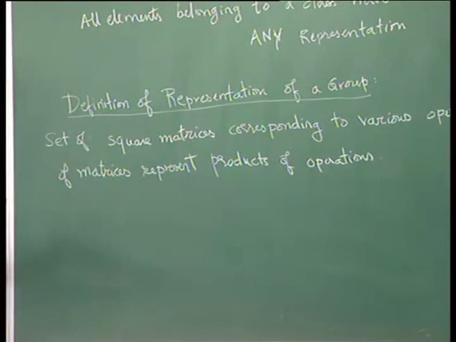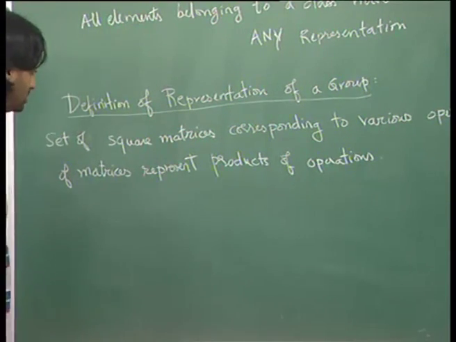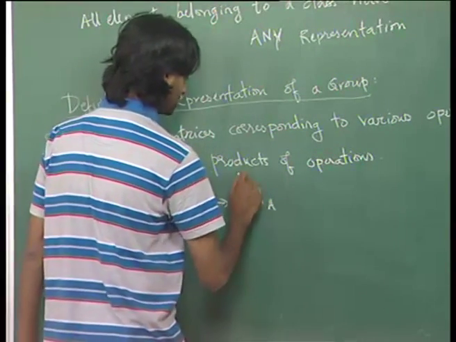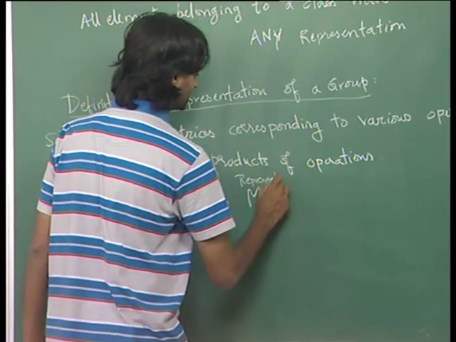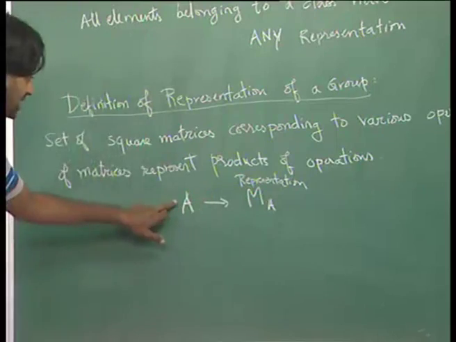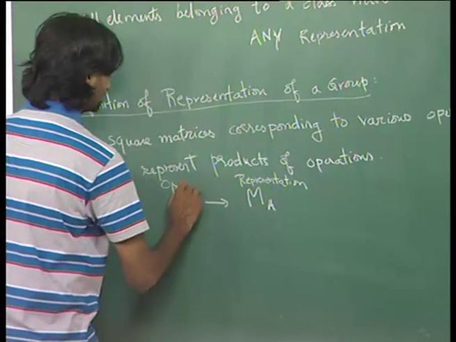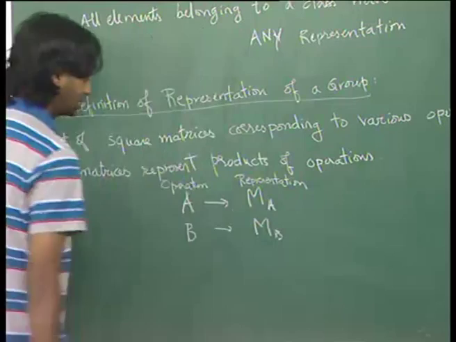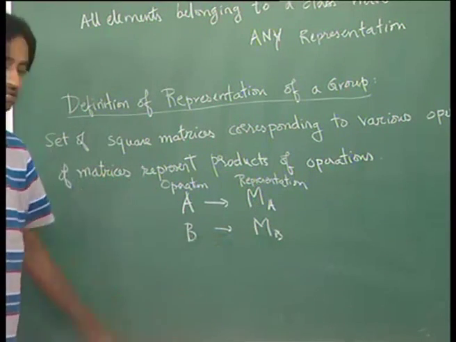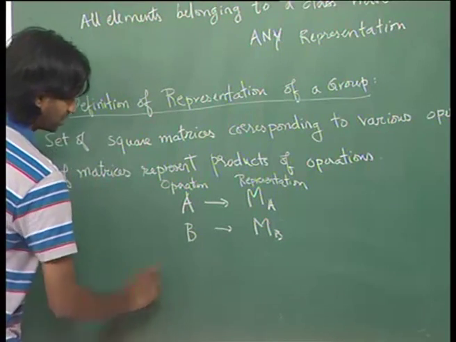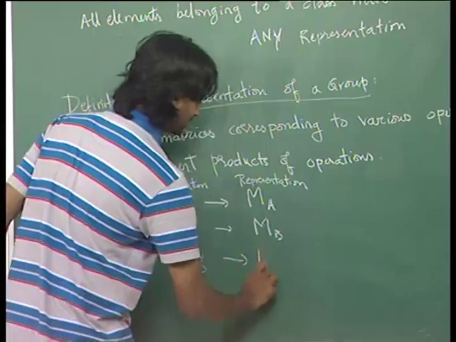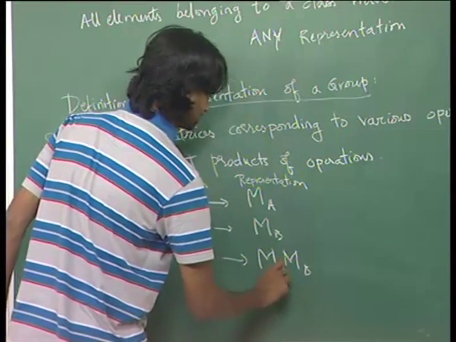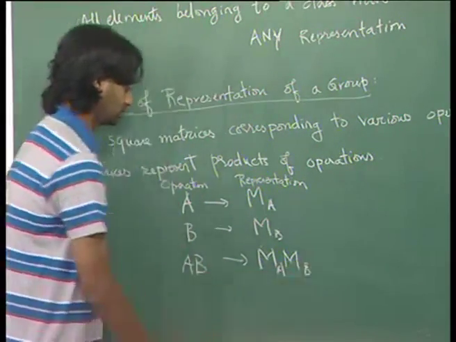Okay. So, if I have two symmetry operations A and B, and M A is the representation of A, so this is a matrix that represents A. Similarly, B has a representation M B. So, A is represented by a matrix M A, B is represented by a matrix M B, then the product A B should be represented by, first operate by B, so it is M A M B. Okay.